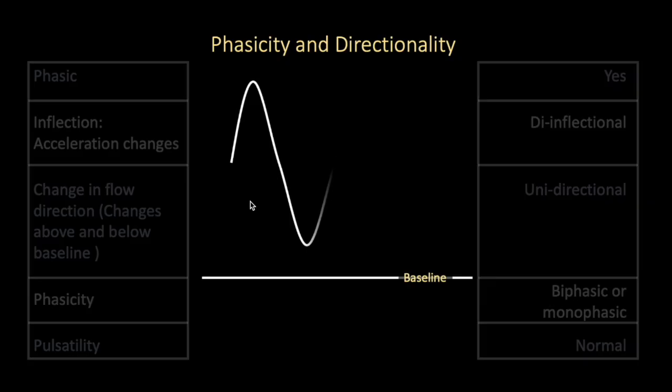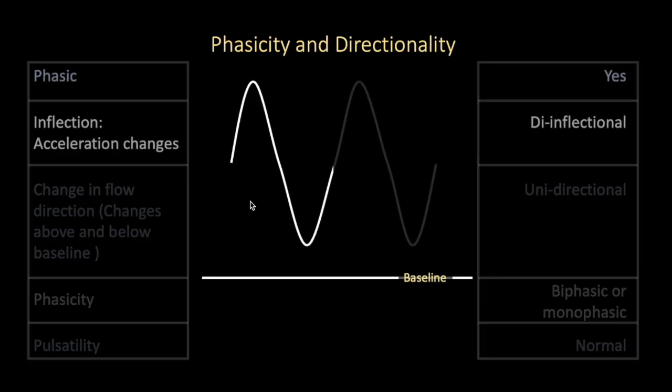Let's look at another example here. Here's a particular waveform. How would we describe it? Is it phasic? Yes, there are changes within it. Inflection, are there acceleration changes? Yes, it changes its accelerations, and this would be di-inflectional. There are 2 inflections on every cycle that we look at.